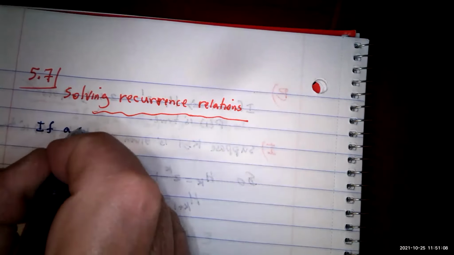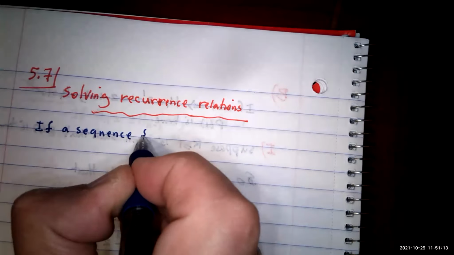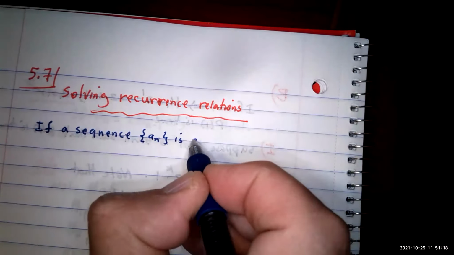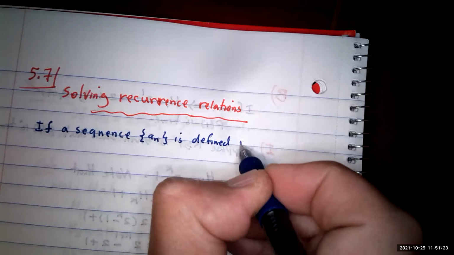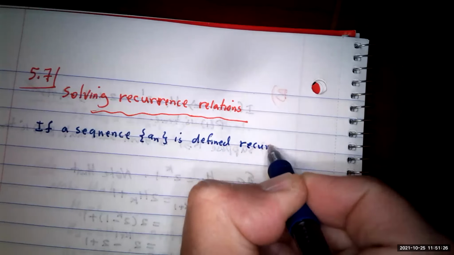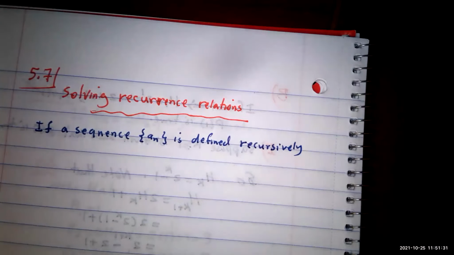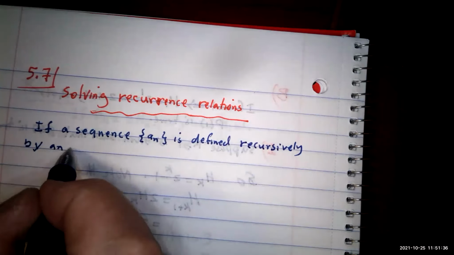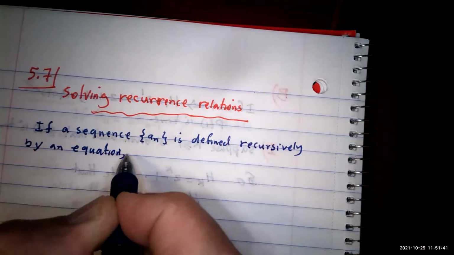If a sequence AN is defined recursively by an equation, then this equation is going to be called a recurrence relation.